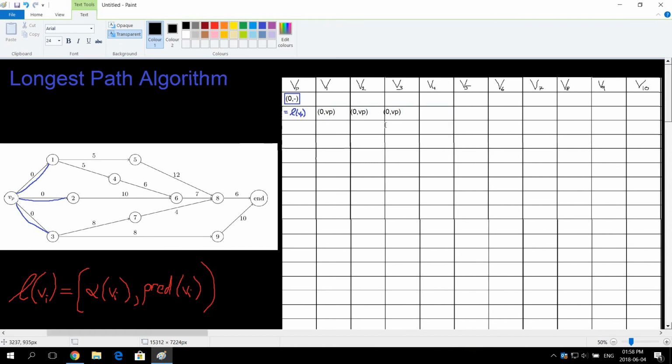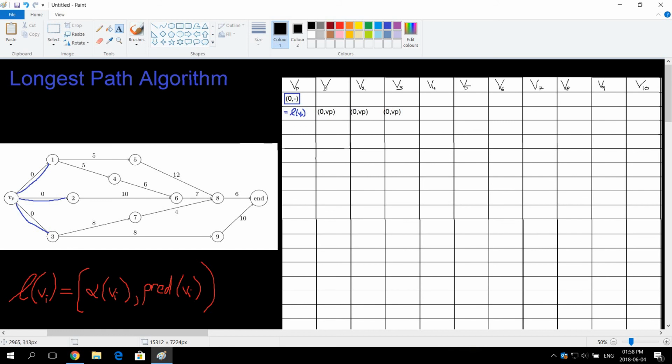Okay, cool. So now what we want to do is we want to pick the highest value here. But they're all the same. So it doesn't matter which one we pick. So just pick the first one that occurs. We're going to pick that one. Cool. And now we need to label it.